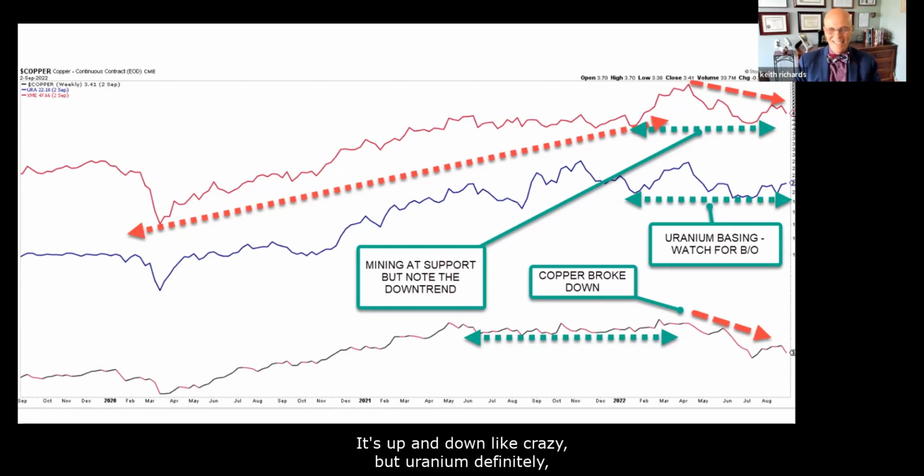It's up and down like crazy, but uranium definitely, from a fundamental perspective, we feel that there's upside because of the development of clean energy, and you guys know all about that. But also the trading pattern is good. Now we own a stock.